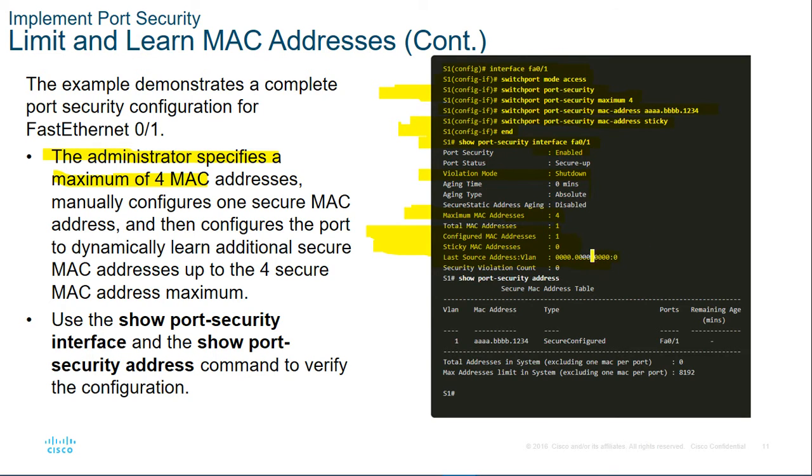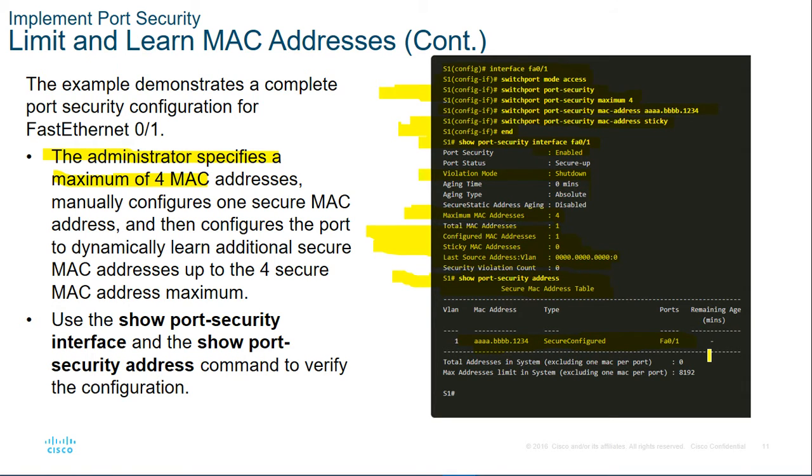If you want to see the MAC address table, you have to execute the command show port-security address. It will display the MAC address table as output. In that you can see what is the MAC address registered in the interface F0/1. In the interface F0/1, the registered MAC address is AAAA.BBBB.1234. So easily we can identify.